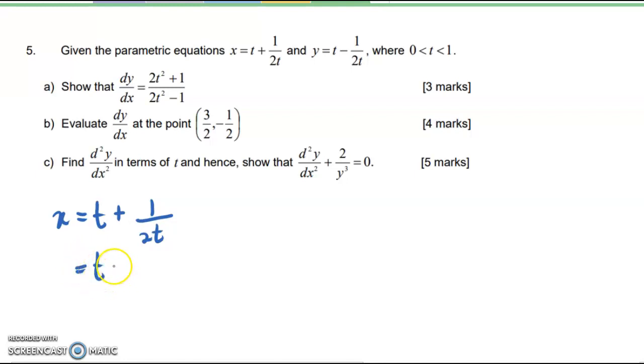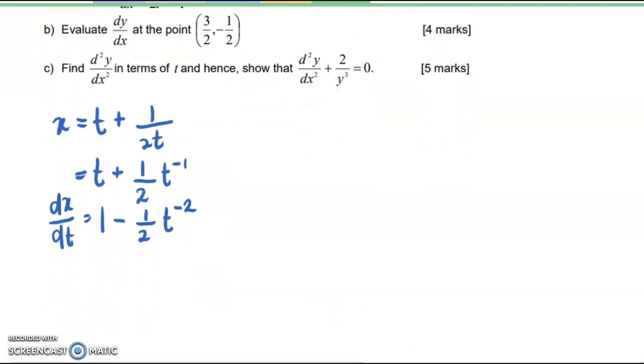Okay, please be careful. Still remain 1 over 2 t to the power of negative 1. Okay, then we find dx over dt. Differentiate t, we get 1. Negative, we bring to the front. Negative 1 over 2 t to the power of negative 2.